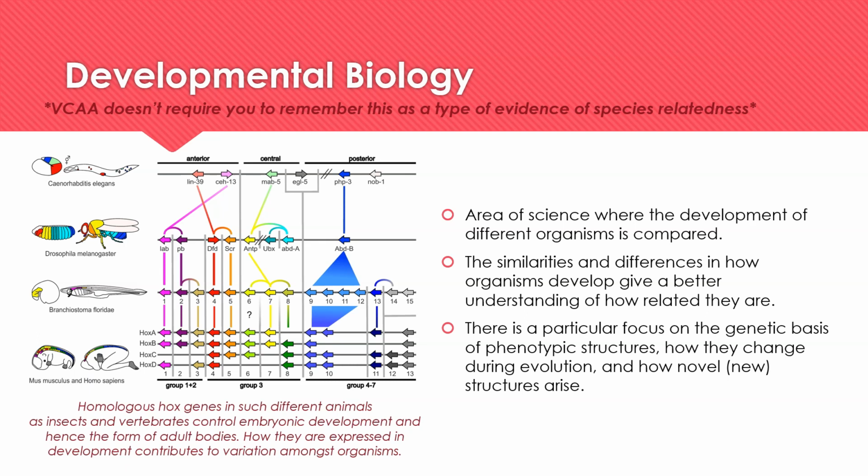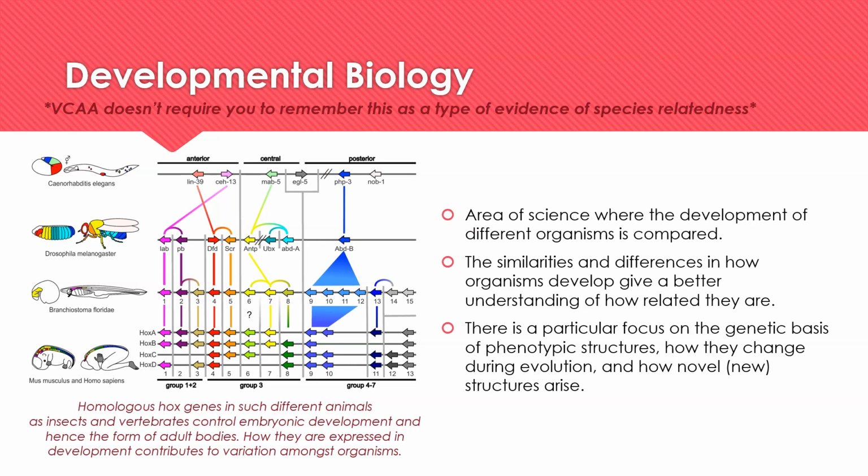Both Mus musculus, which is mice, and Homo sapiens, which is us, have these genes and have them being activated, but you can see that they're not necessarily activated all at the same time and in the same way as they would be for, say, the fruit fly Drosophila melanogaster. So there's some differences there, and that's what we can do nowadays because we have a better understanding of the things that control development.